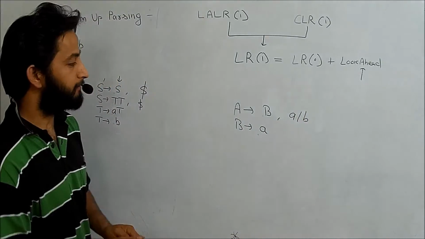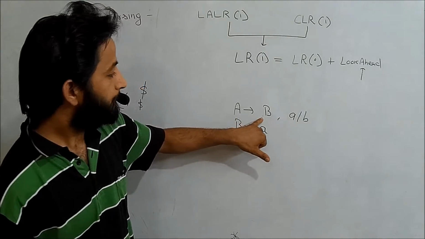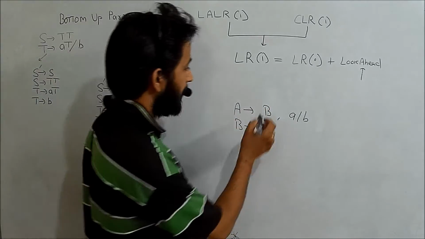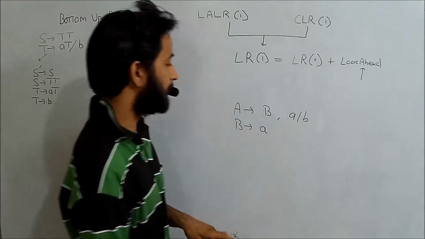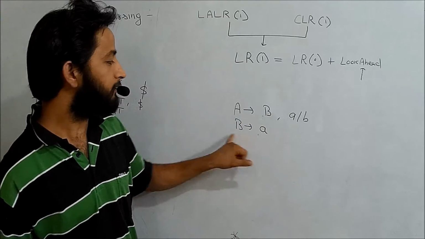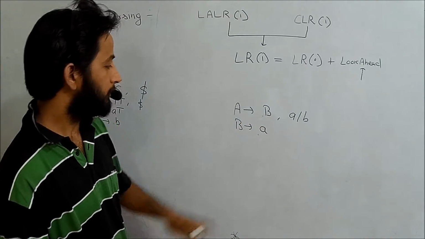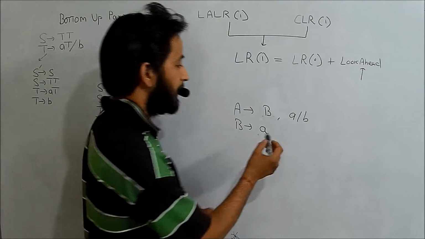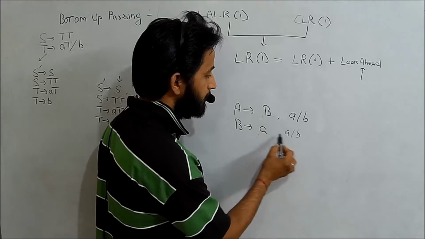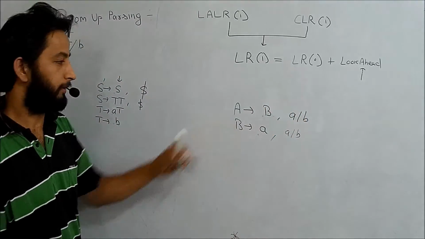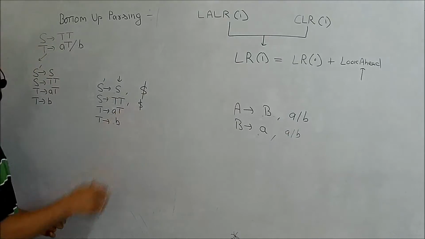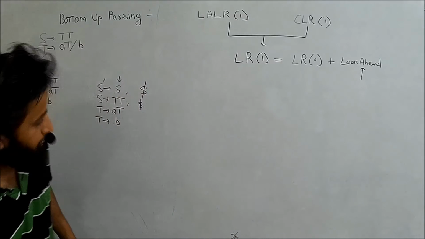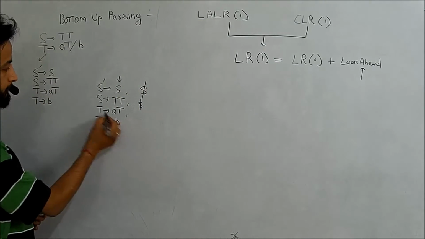So when the dot is there before a variable, I add the closure of that variable, with the dot at the beginning. Now here we have nothing after B, so I add the lookahead same as for this production. That is the case here, which is why I have written dollar here. Next we have the lookahead for this item.